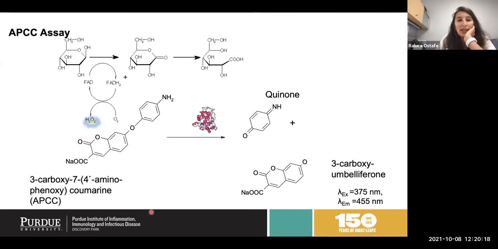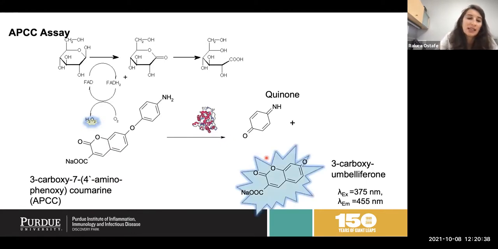And we did this by coupling the reaction with a horseradish peroxidase and by adding an aminophenoxycarboxycoumarin substrate, which in the presence of peroxide and HRP, horseradish peroxidase, gives the production of a fluorescent product that can be detected in microtiter plate or using flow cytometry or the microfluidic devices, as I will later point out.